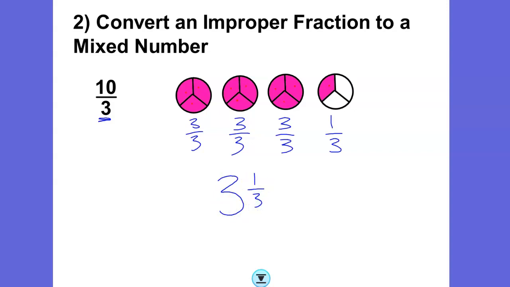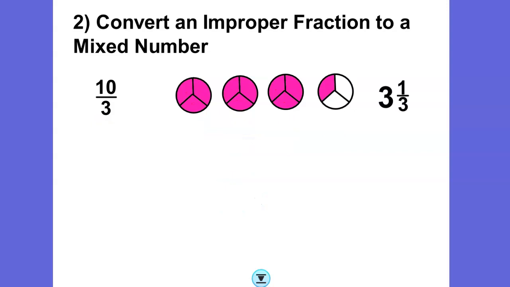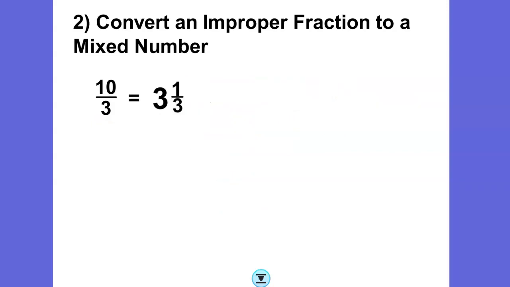Now, again, that's quite a long way round, so I much prefer to basically treat this like a division sum. 10 over 3, this line here means divide. It means 10 divided by 3. How many 3's in 10?